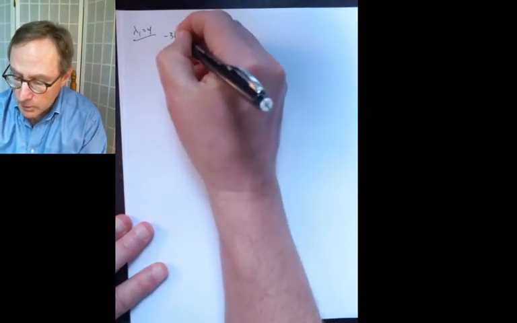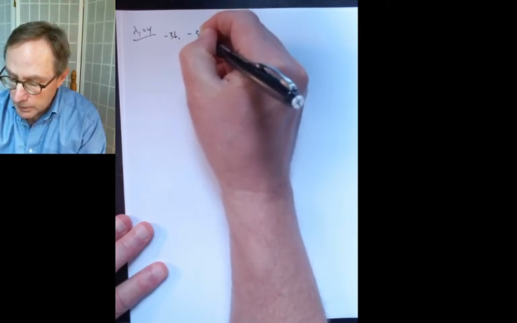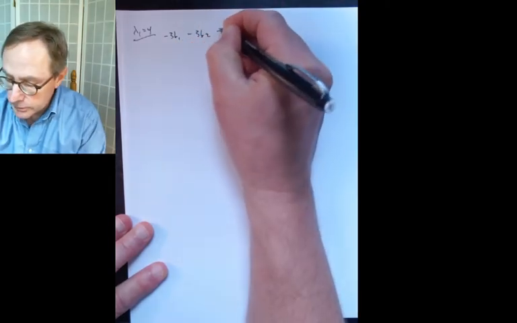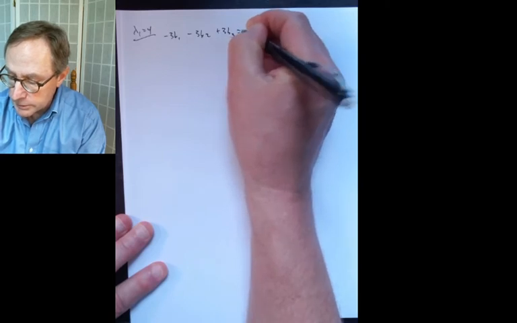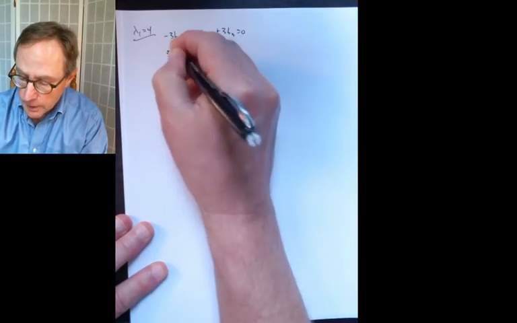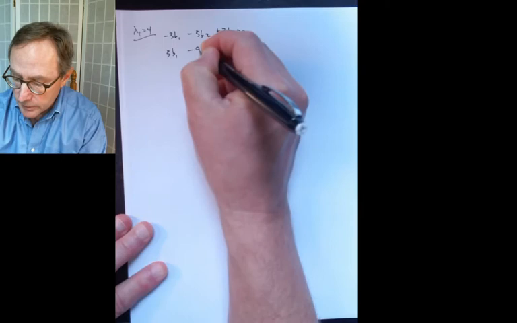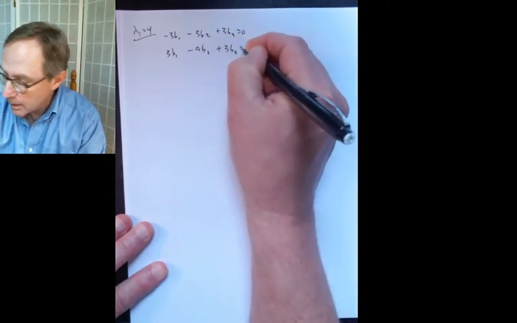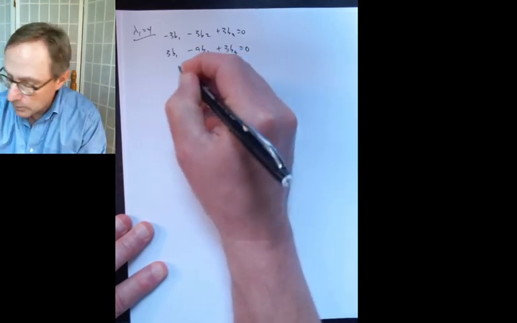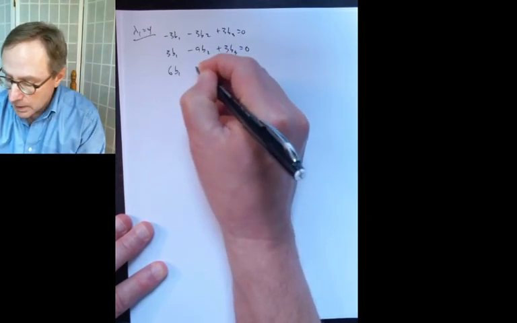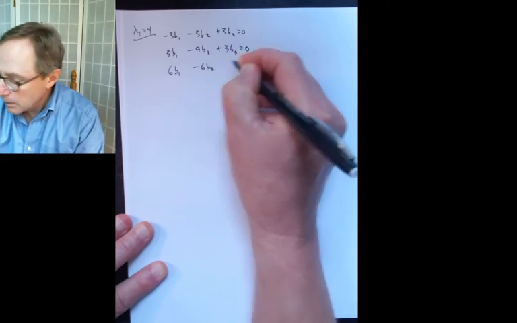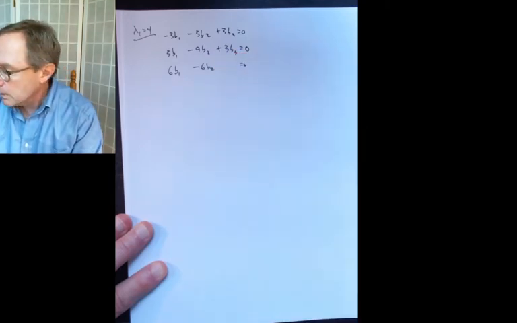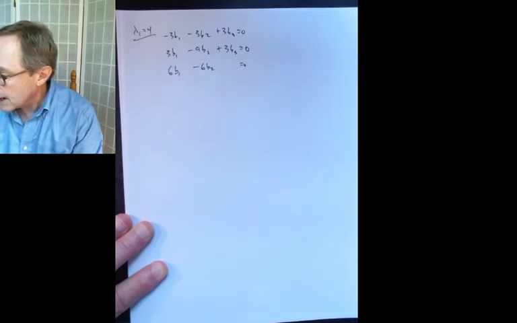And so what I get is minus 3b1 minus 3b2 plus 3b3 equals 0, 3b1 minus 9b2 plus 3b3 equals 0, and 6b1 minus 6b2 equals 0. And really, I'm just going to, oops, sorry about that. Just going to have a whack here at Gauss's method.